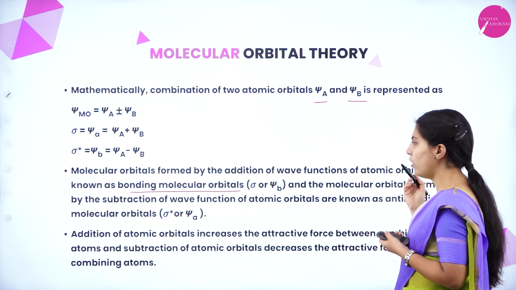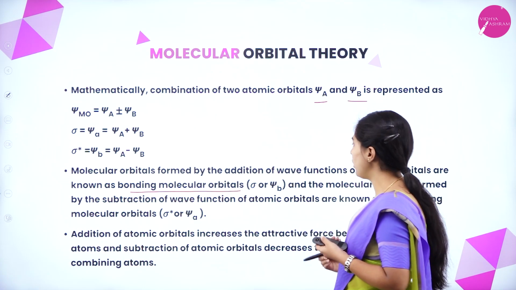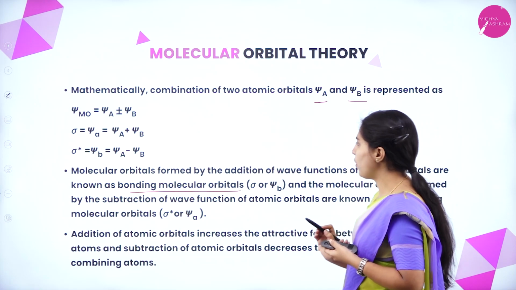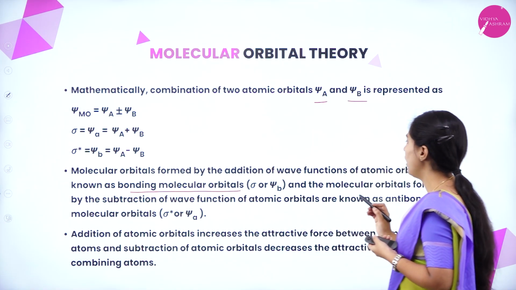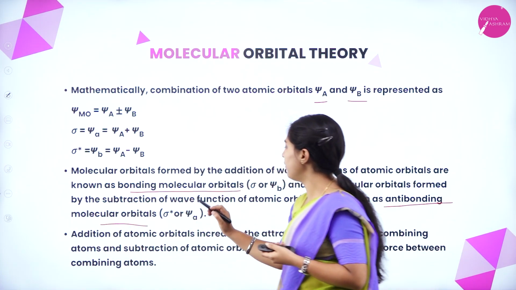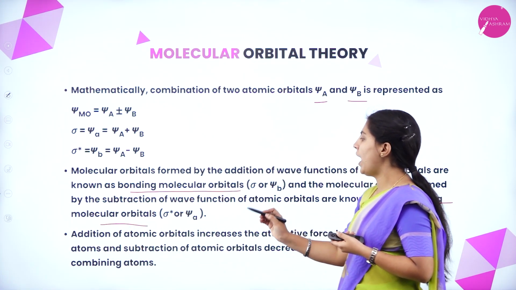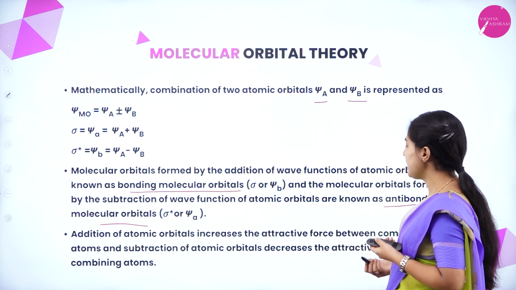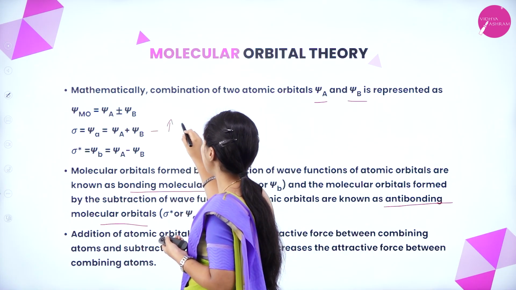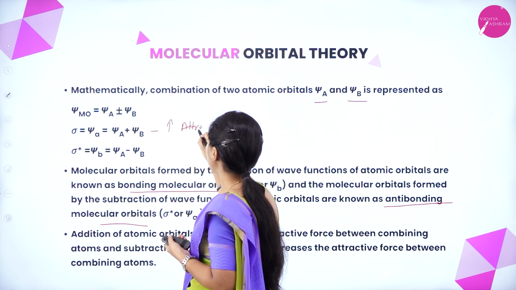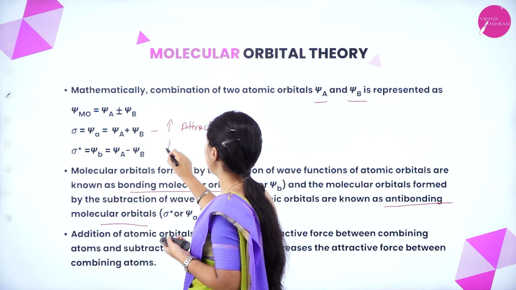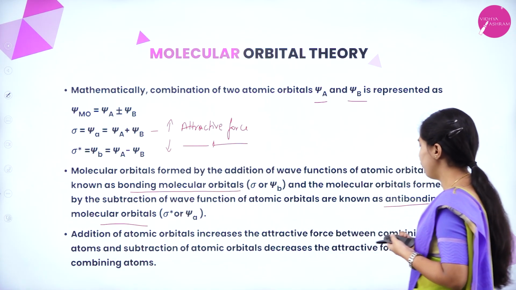Addition of wave functions of atomic orbitals will form the bonding molecular orbital, sigma, and the molecular orbitals formed by the subtraction of wave functions of atomic orbitals are known as anti-bonding molecular orbitals, sigma star. Addition of atomic orbitals increases the attractive force, while subtraction decreases the attractive force.